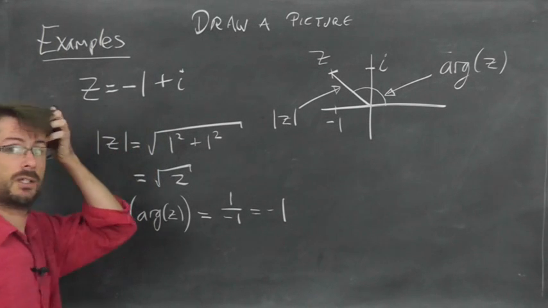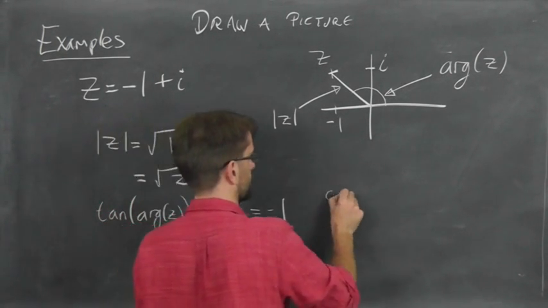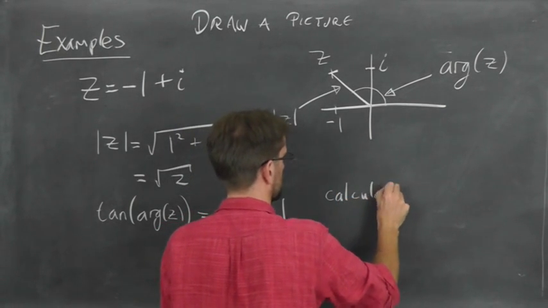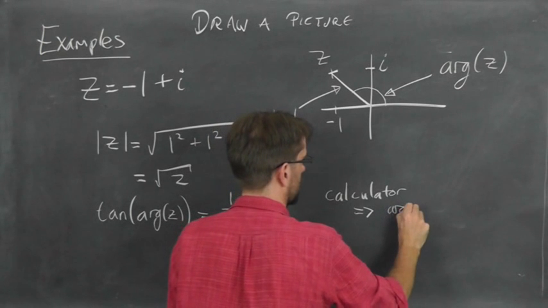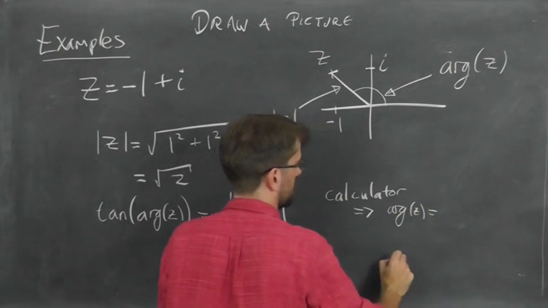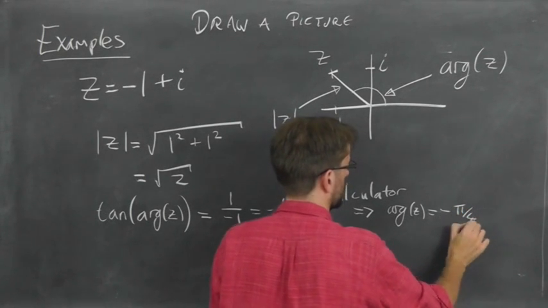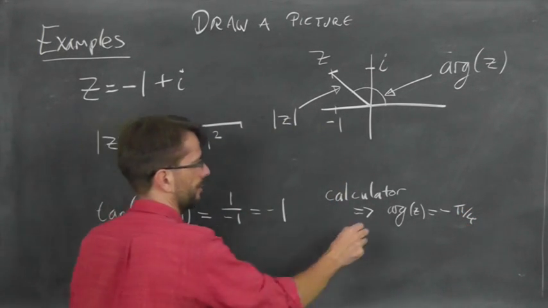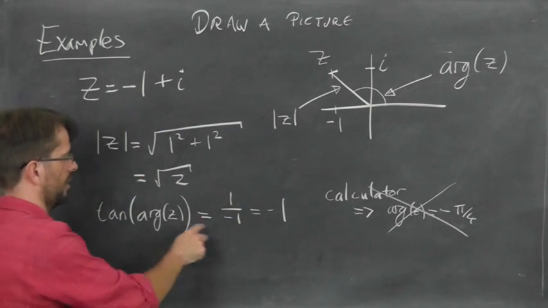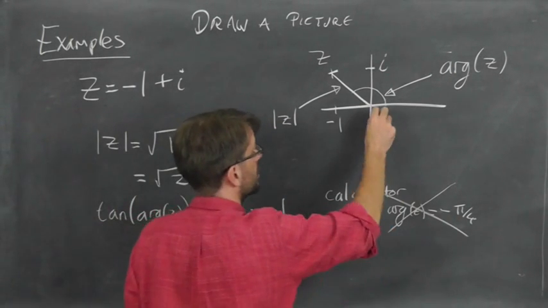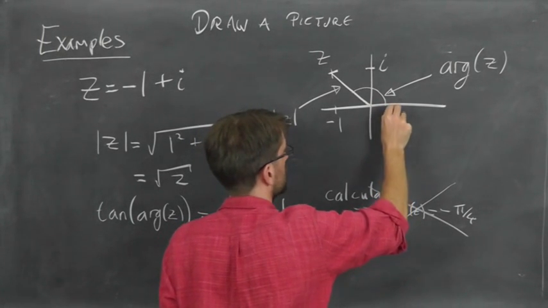Now if you just type that in your calculator, it will tell you that arg z is minus pi by 4. And that's wrong. If you just work out what the inverse tan of -1 is, it will give you minus pi by 4, because that is this angle here.